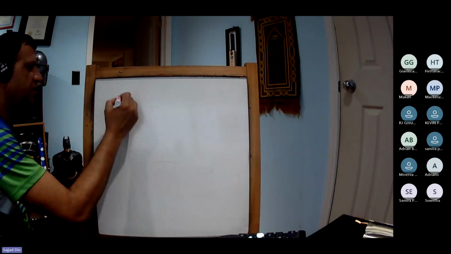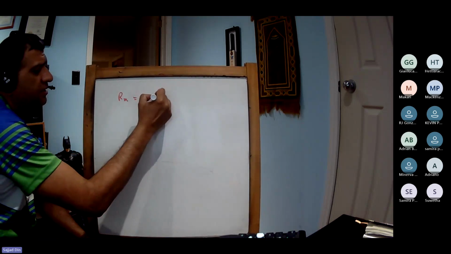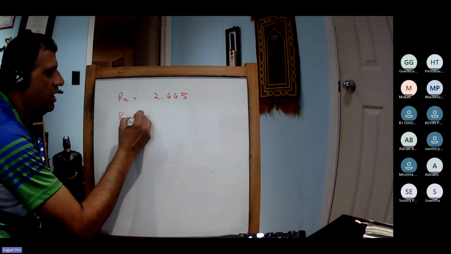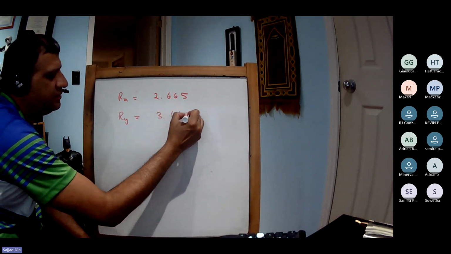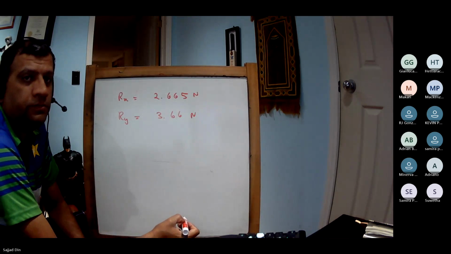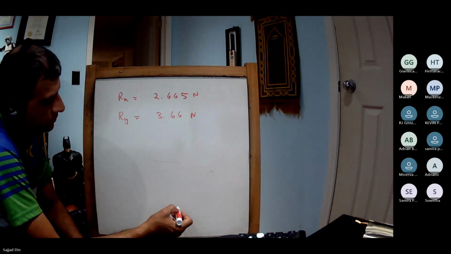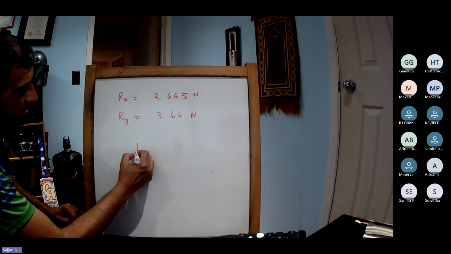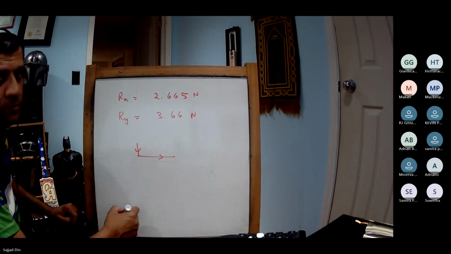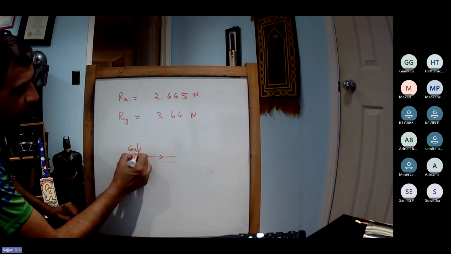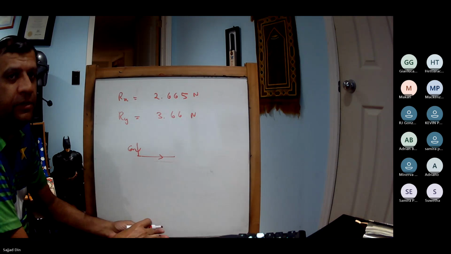Let's take another scenario. Let's say Rx is 2.665 and Ry is 3.66. Okay, I did do it downward. This was downwards, so if you didn't see the arrow.